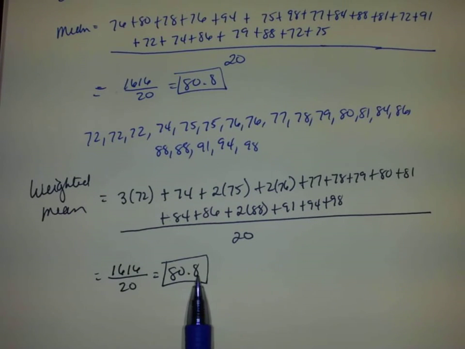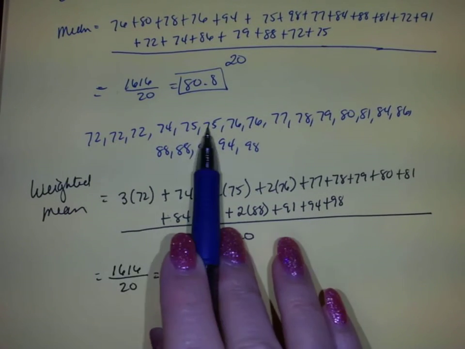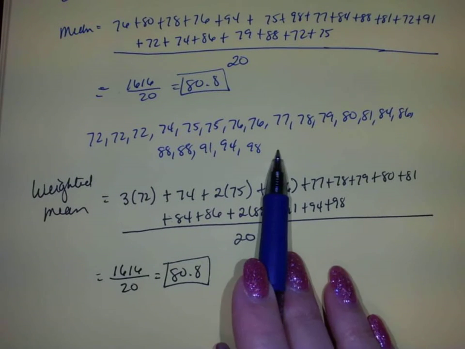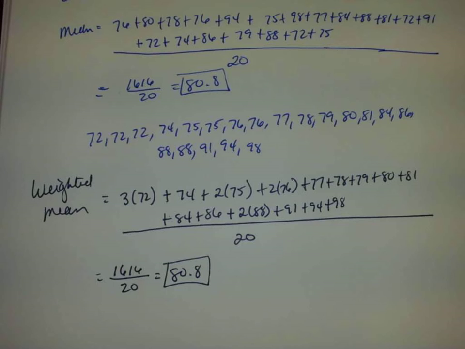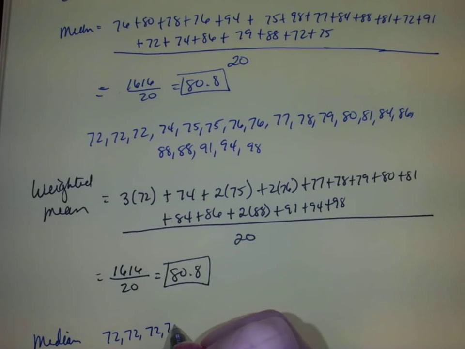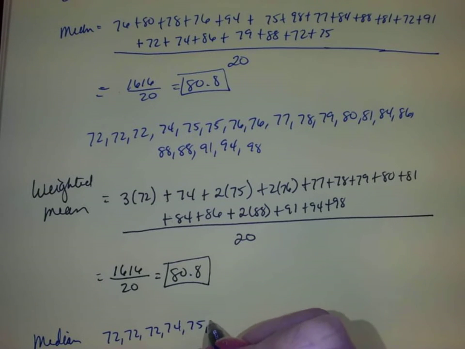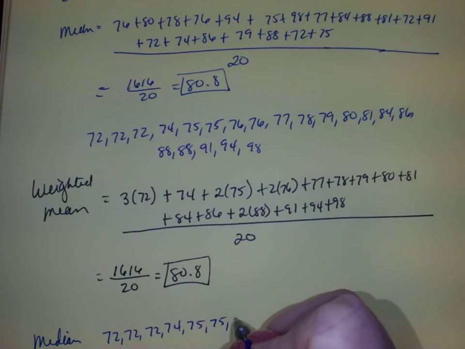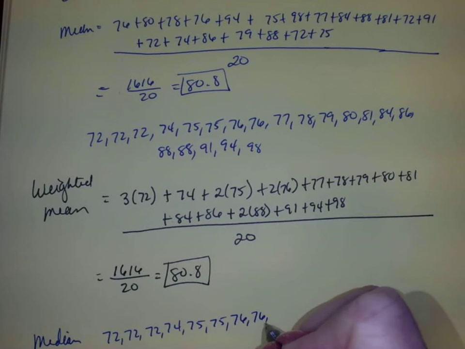All right, now we want to do the median. So the median, we had to have the list in order. We have 20 values, right? So to find our median, I'm going to rewrite them. I'm going to try to write them a little bit smaller so I can try and get them all in one line.